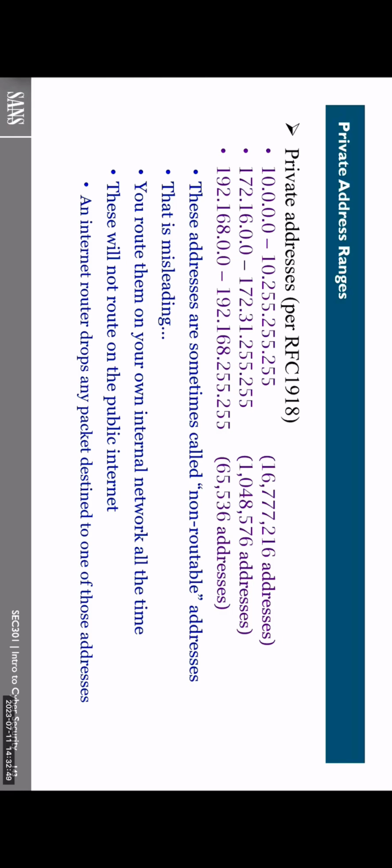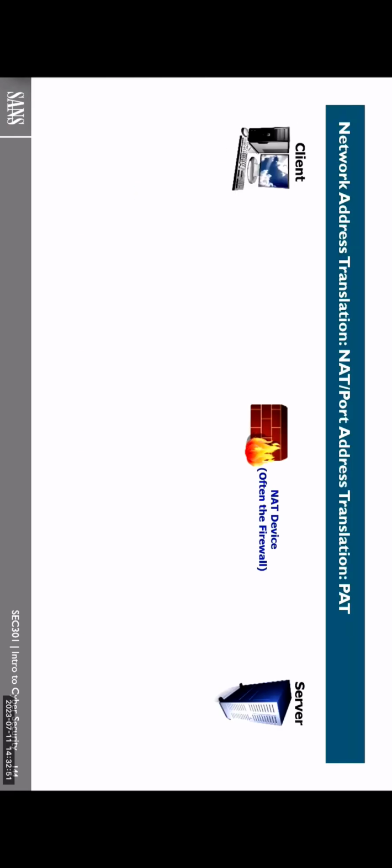All right, so how do we communicate out on the internet if we're using internal IP addresses? That's where network address translation with port address translation comes into play. I have an internal 10 dot IP address, and I am sending a packet to a server out on the internet.